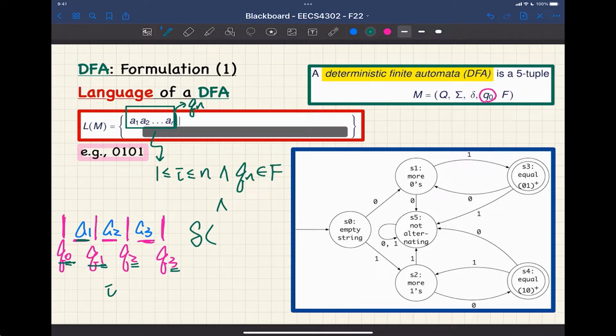Remember, it takes a state and also some symbol. So basically, you start from Q0, you take A1, and that will give you Q1. And also the same delta: if you start from Q1 over here and then you take A2, that will give you Q2, right? And so on.